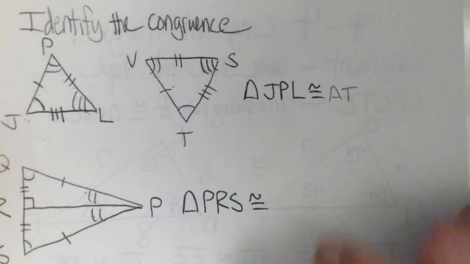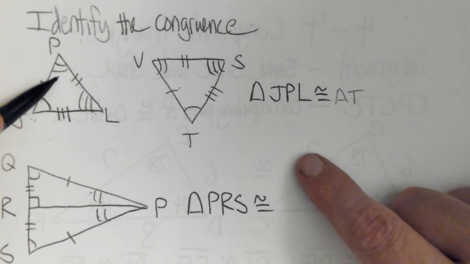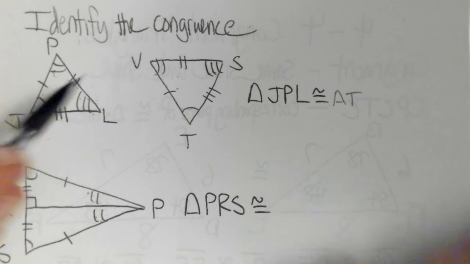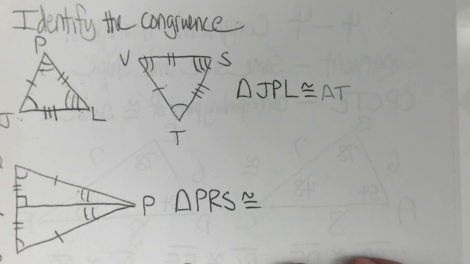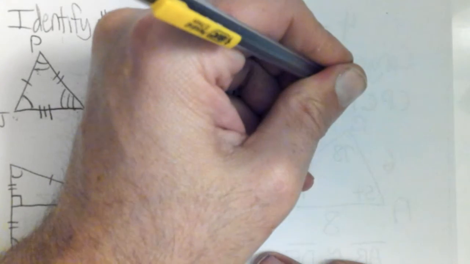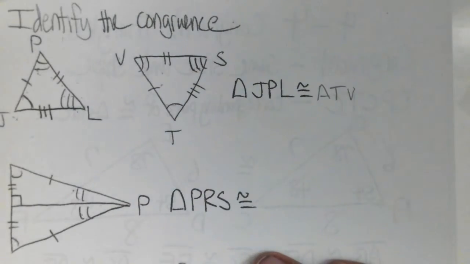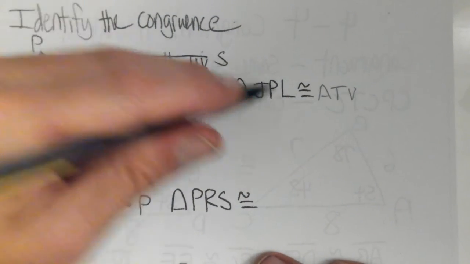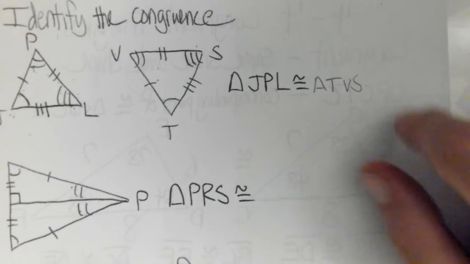It's congruent to triangle T something. Let's look to point P and see if we can get a clue. Point P is 2 marks, and V has 2 marks. So it's got to be V. Alright, and 3 marks, L matches with S. Alright, so we have completed the congruence statement. We have several more we want to do here.